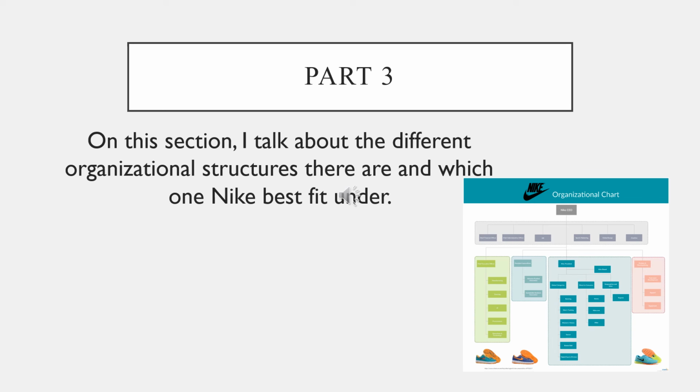I go into detail about all four and give their pros and cons in the paper. After looking into Nike and really diving deep on who they are and what they do, I feel like Nike has a functional organizational structure, and I will talk deeper into that in the paper.